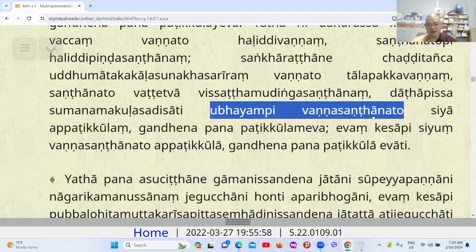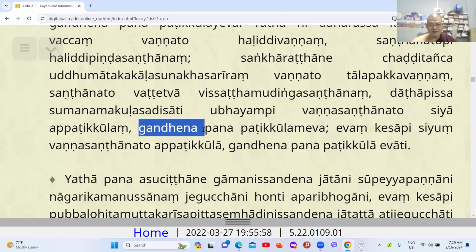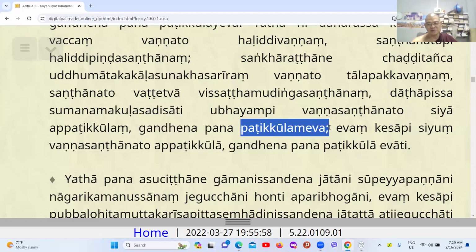See here, the color of the dead body of the dogs is not disgusting. The form of the dogs is also not disgusting. But the smell of the dead body of the dog is really disgusting.